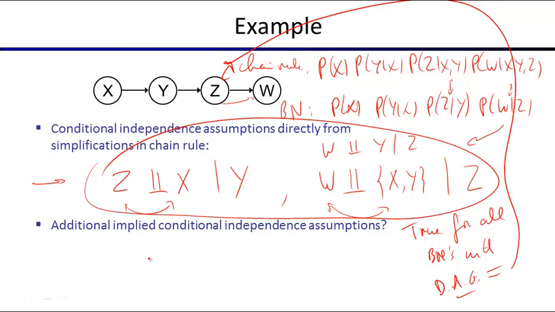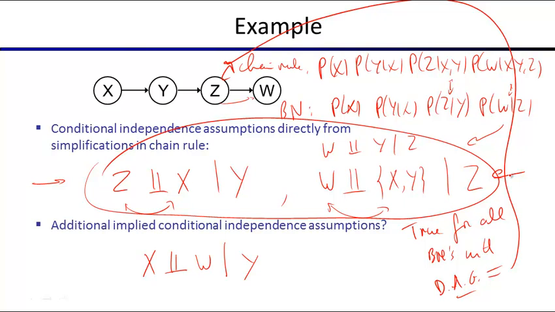So the suggestion here is that we have X is independent of W given, let's say, how about just given Y? Because given Z, we already have it over here.